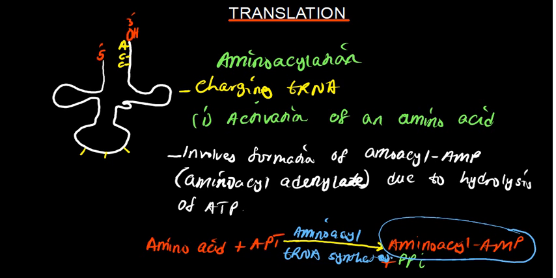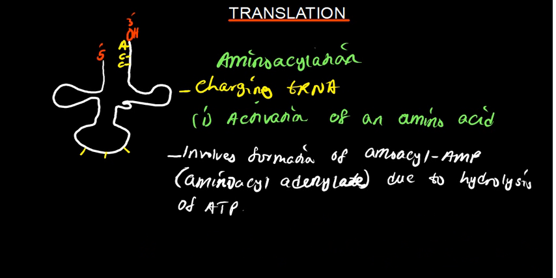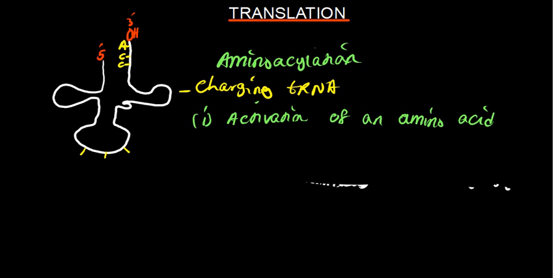Then it is this molecule which is now going to attach itself to one of the tRNAs, which is its appropriate tRNA. That is it. This is all about activation of an amino acid as the first step in aminoacylation. Then from here now, we can talk about the second step of aminoacylation, which we said is charging, the attachment of an amino acid to the tRNA. So in this case now, that target amino acid has become active.